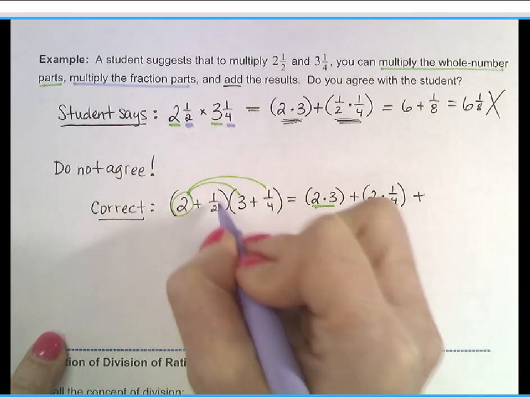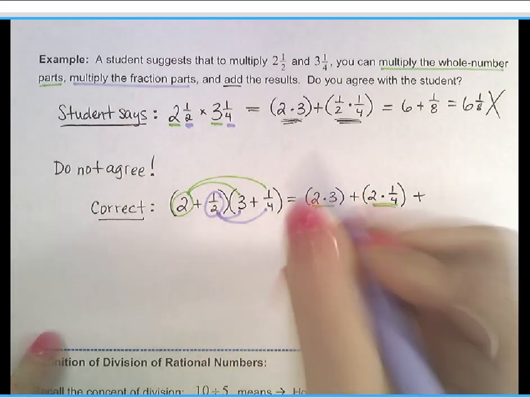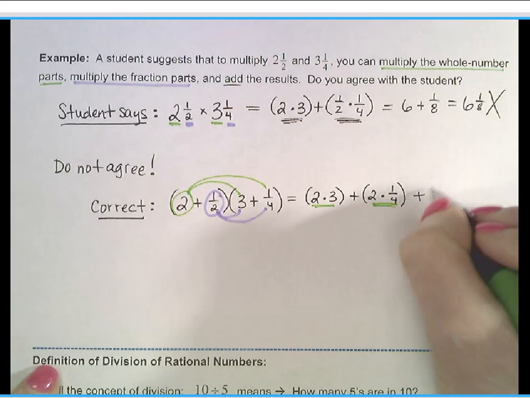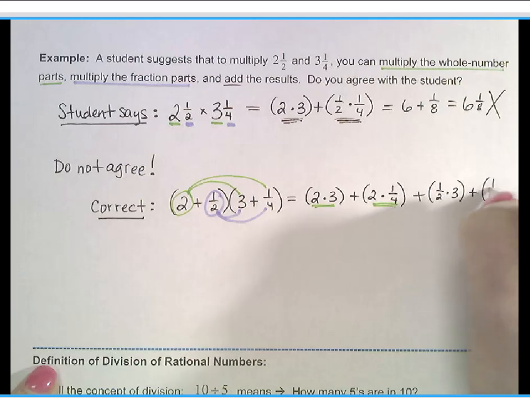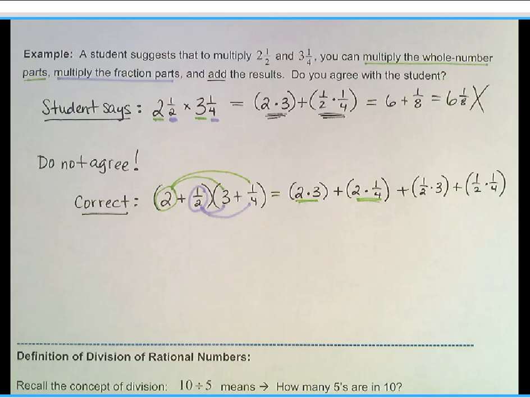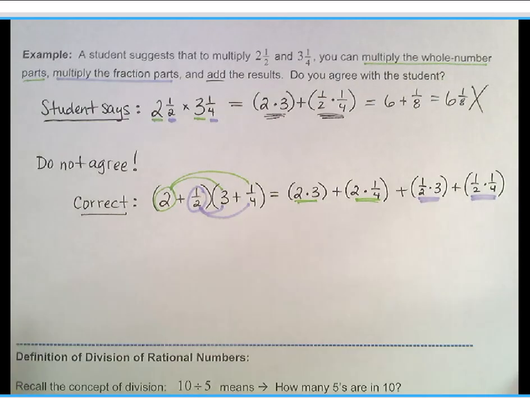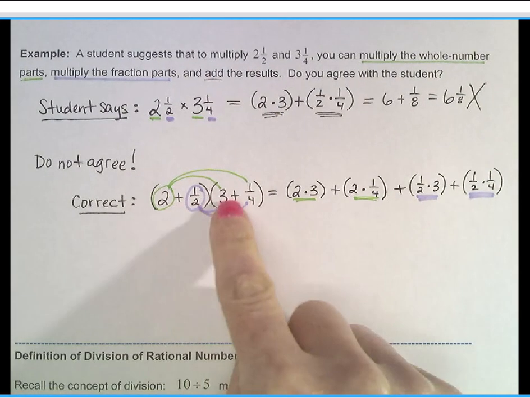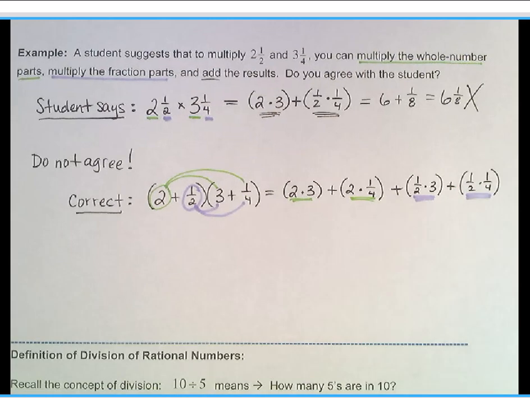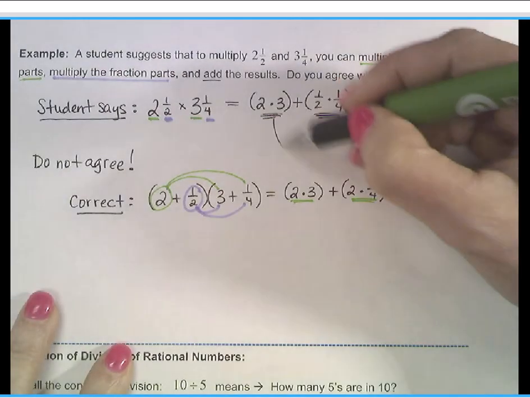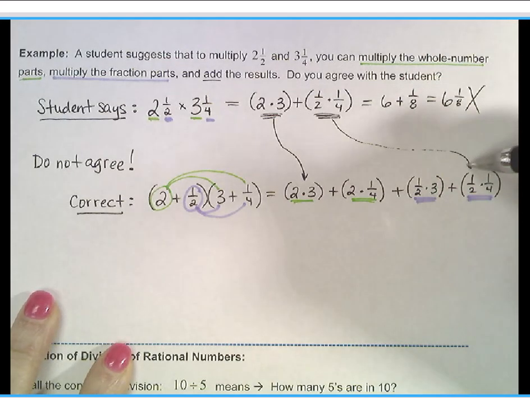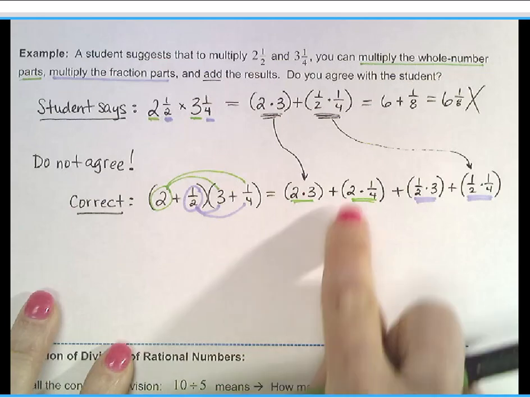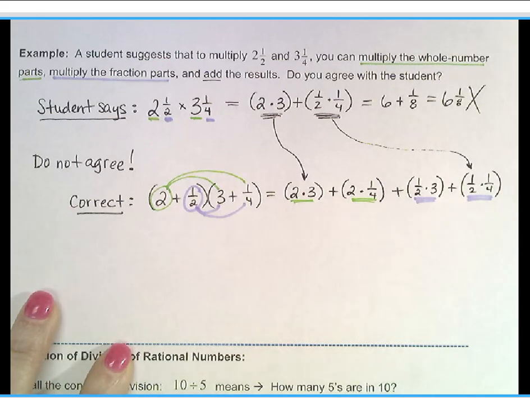And then we have the 1/2 that we have to distribute, the purple part. So we have 1/2 times 3 and 1/2 times 1/4. Right? 2 by 2 is 4, right? So which ones did the student get? Well, the student got the first one, and they got the last one. The problem was the student forgot all of this part in the middle, right?